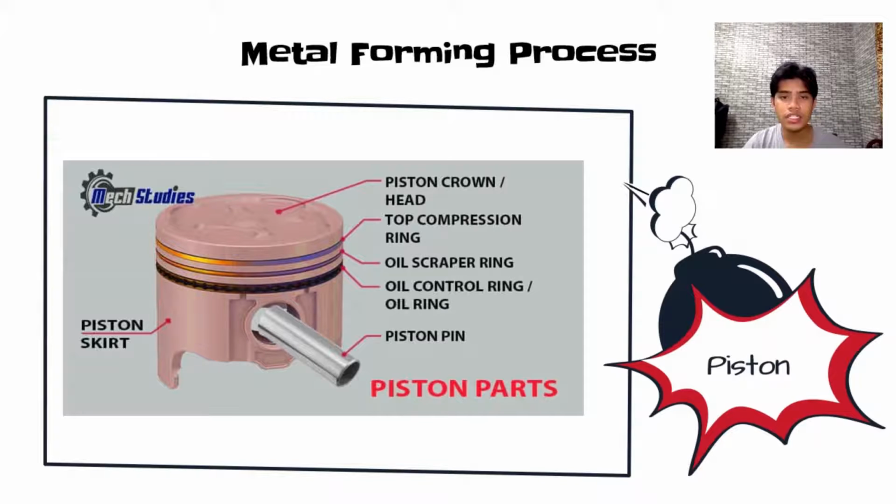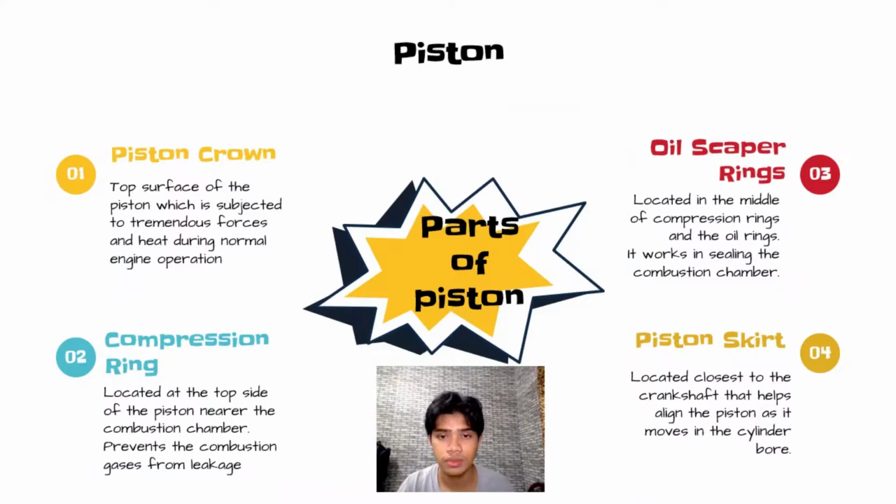A piston consists of the piston head or crown, top compression ring, oil scraper ring, oil control ring or oil ring, piston pin and piston skirt. In the next slide, I will explain to you all of the piston parts.